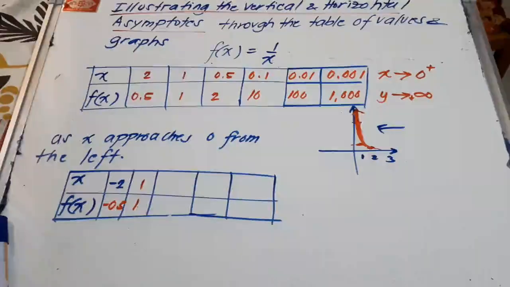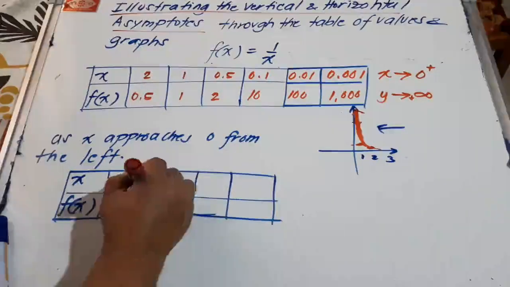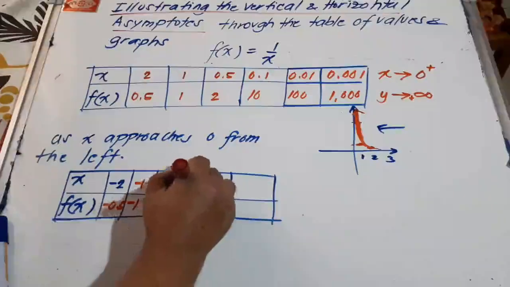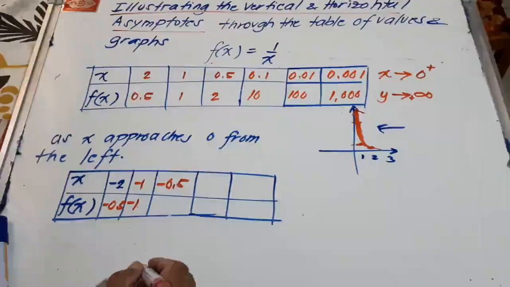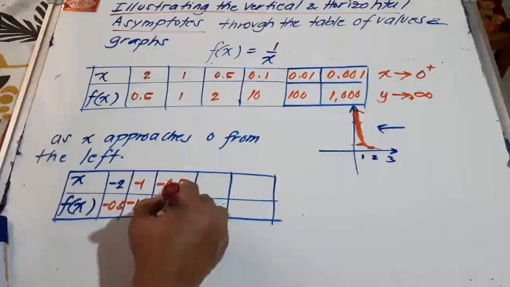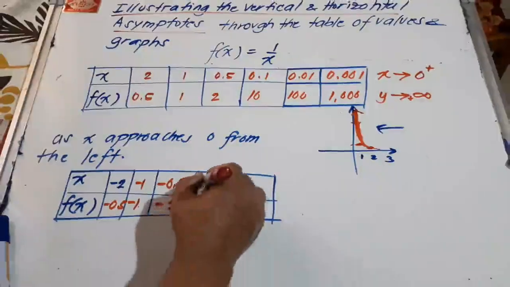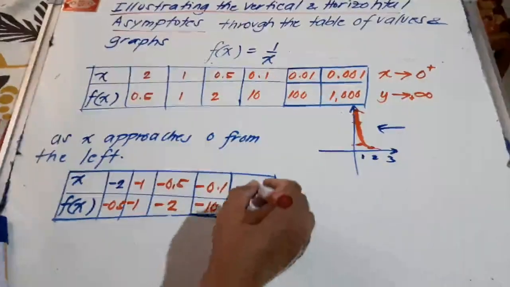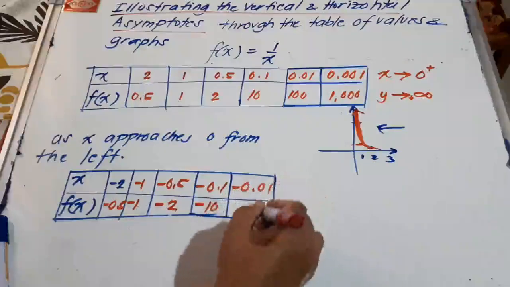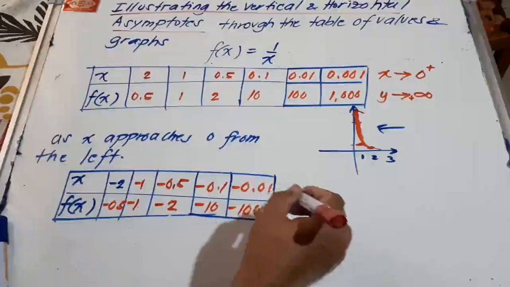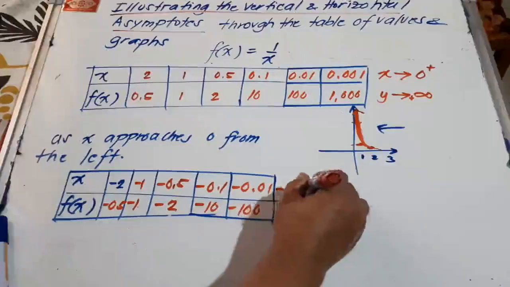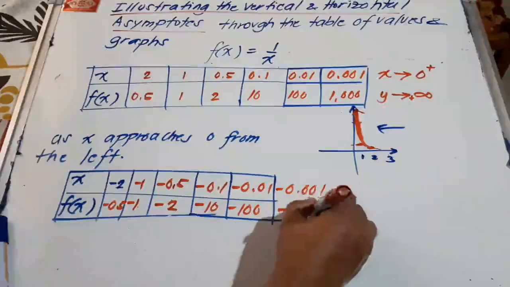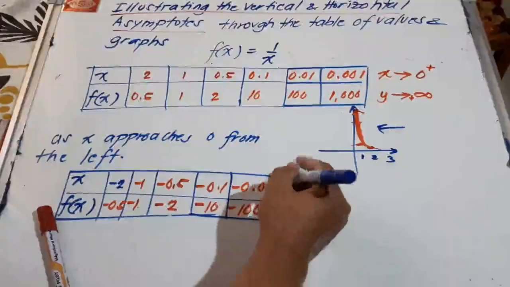If x is negative 0.5, that is negative 2. If x is negative 0.1, that's negative 10. Negative 0.01, that is negative 100. Dagdag pa tayo, negative 0.001, f of x is negative 1,000. So, ano nangyayari?